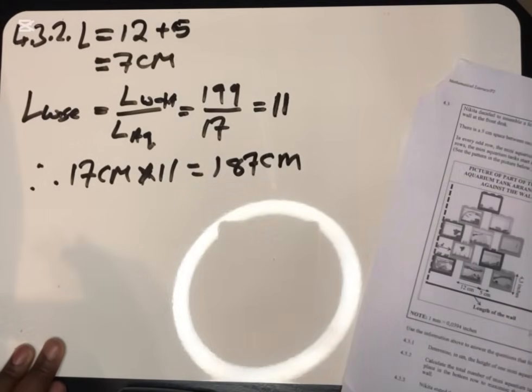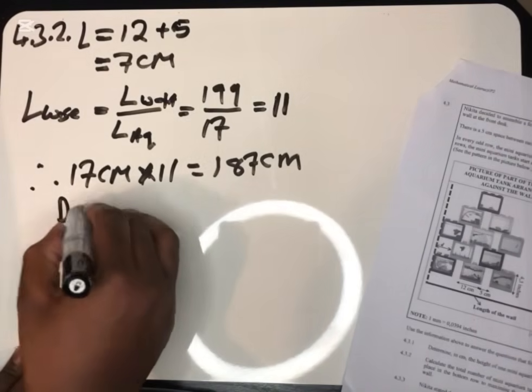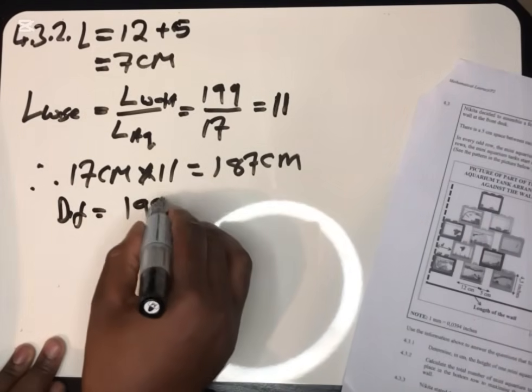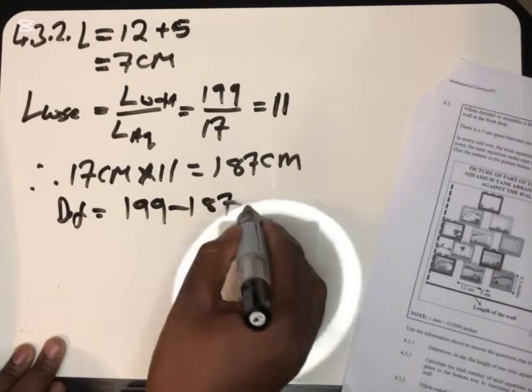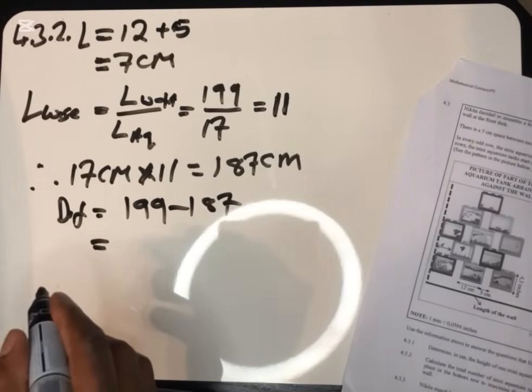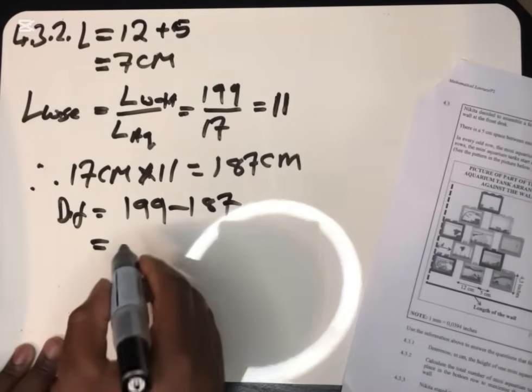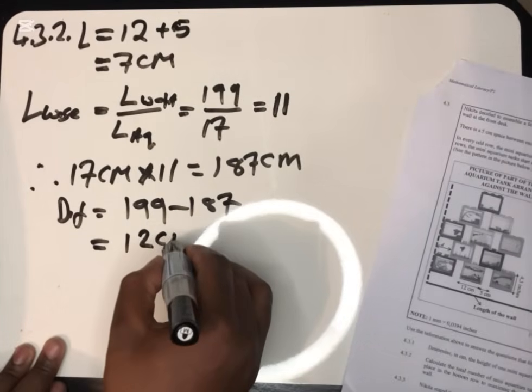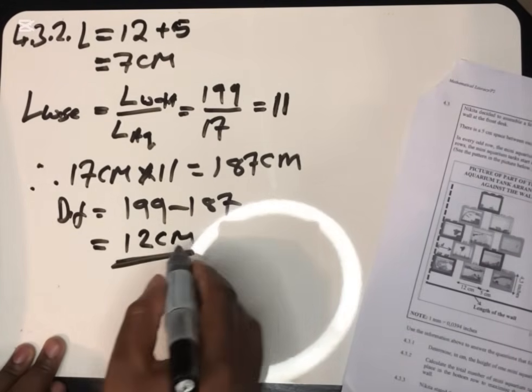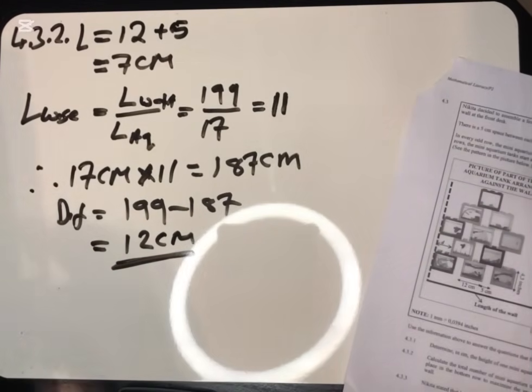The length is 199, so the difference is 199 minus 187. The space that remained is 12 centimeters.